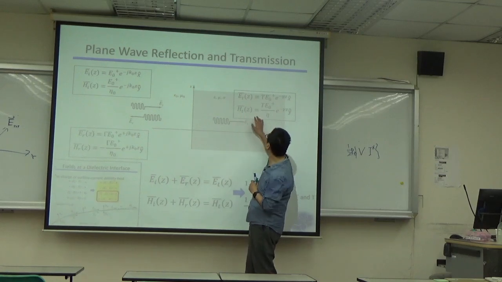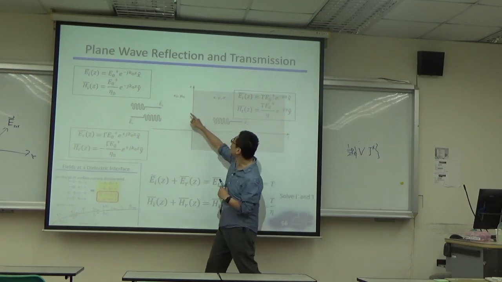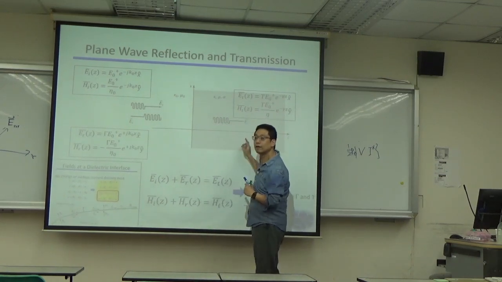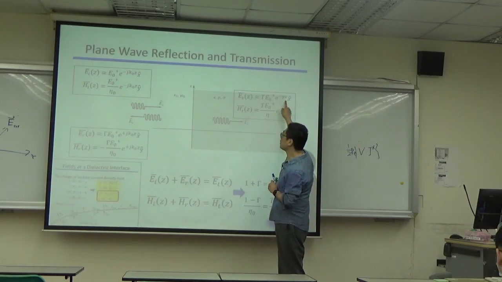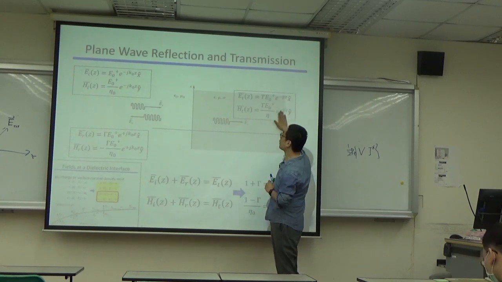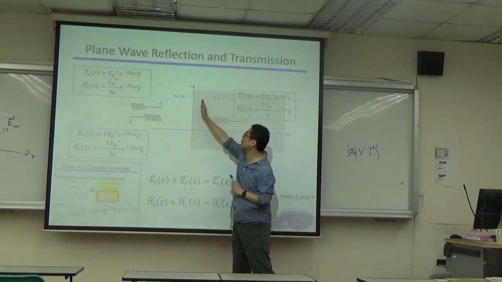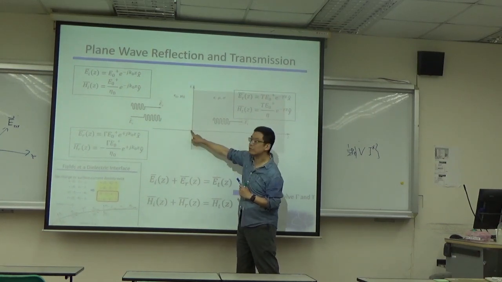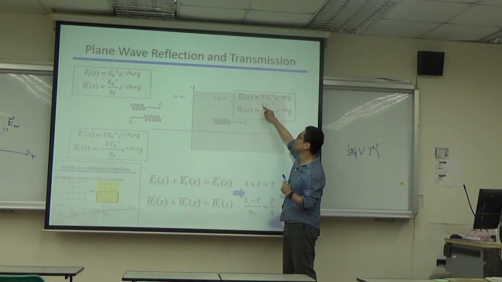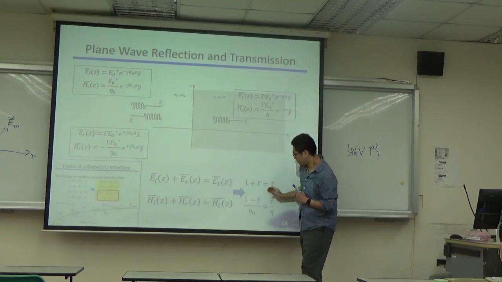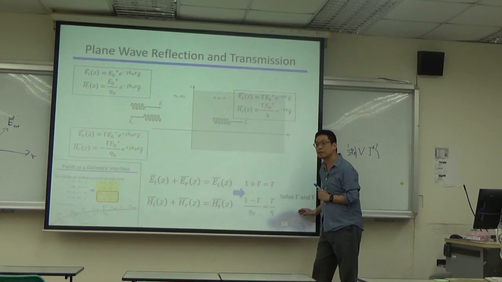And then if you put these together, and put z equals 0, so you don't have this part. At the boundary, z equals 0. So only the magnitude makes these two equations.